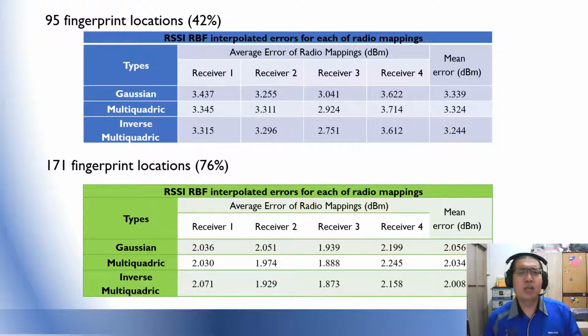It is noticeable that using a higher number of reference fingerprint locations in RBF interpolation methods generates lower errors in the radio mapping estimations. It is also observed that when the reference fingerprint locations are reduced to more than half of the original readable fingerprints, the mean error increases significantly. One possible reason for this outcome is that the unique representation of RSSI may not be reconstructable if the reference positions are reduced by more than 50%.